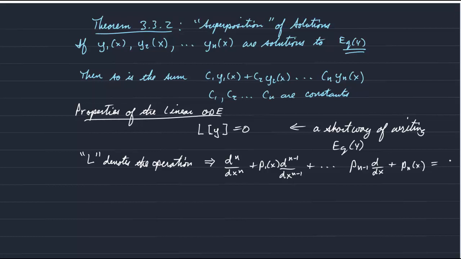And that's right. So that's what the capital L function does. It's an operation like this, and we would read L bracket y as the L operation acting on function y.